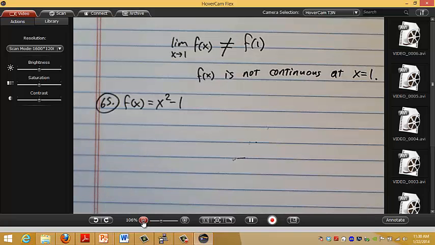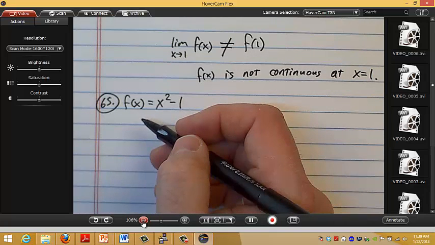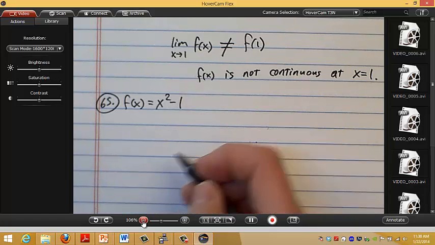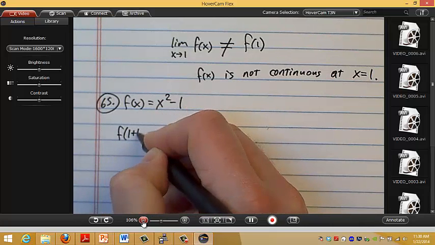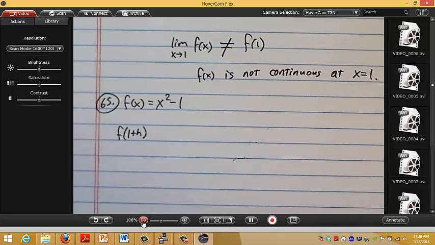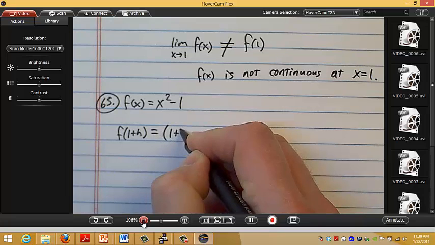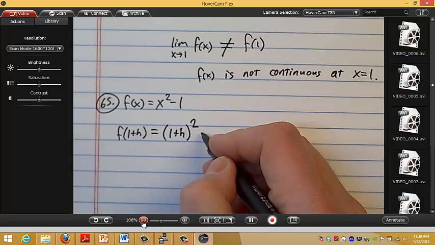Okay, 65. And so the question said, evaluate and simplify f of 1 plus h. So f of 1 plus h, what that means is everywhere that it used to say x, what do you want to write? 1 plus h. So it's going to be (1 plus h) squared minus 1.